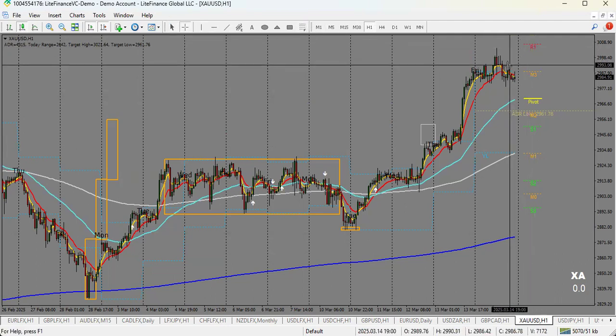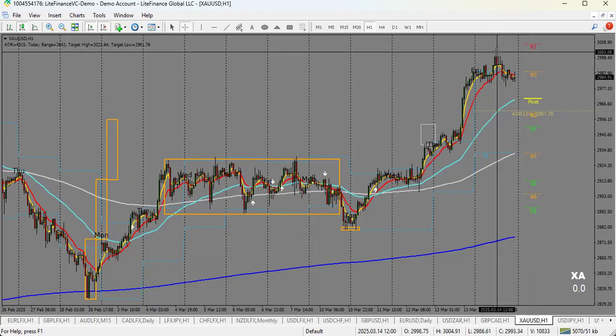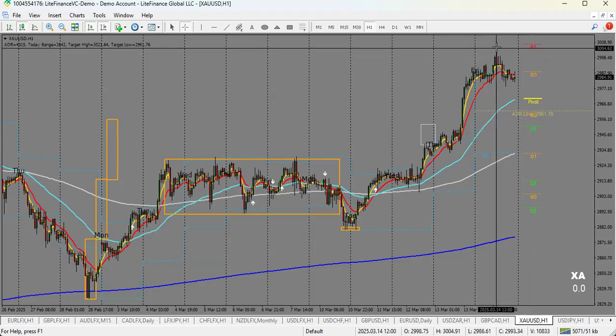This happened on Friday. So our key area of resistance right now is around 3,005. That is the price.